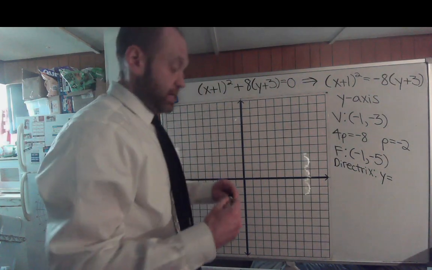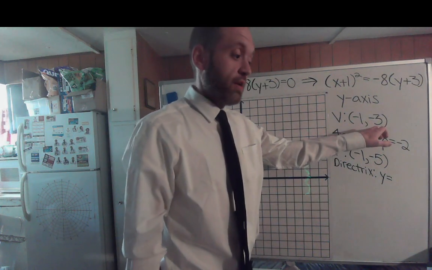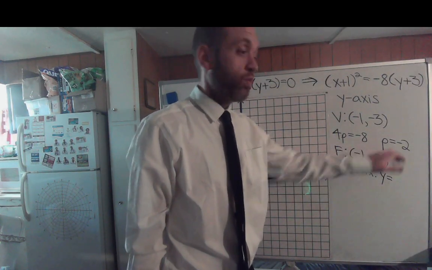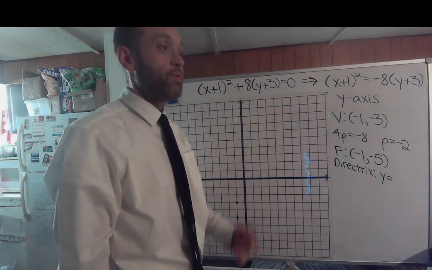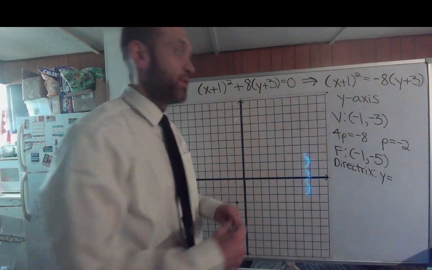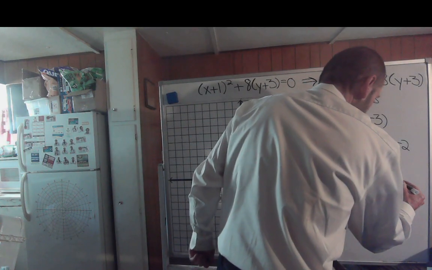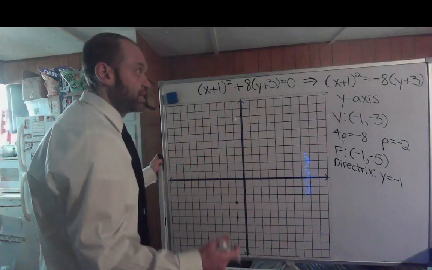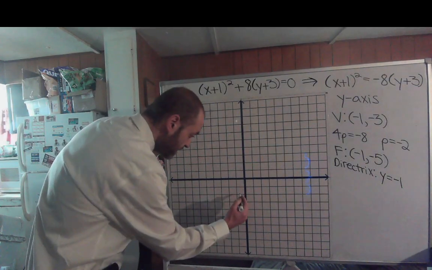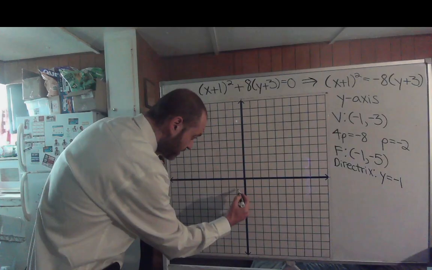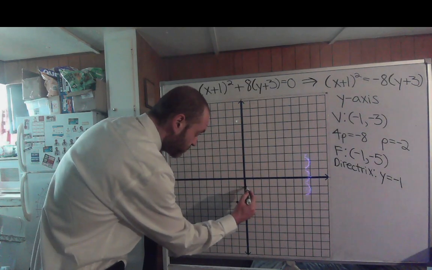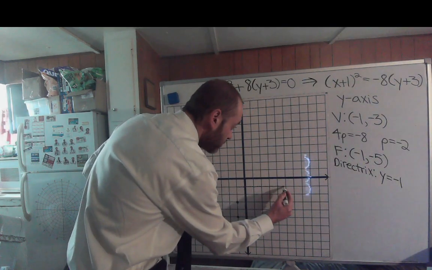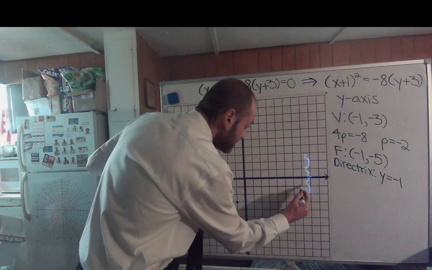So I'll take that y-coordinate of the vertex of -3, and from that I'll subtract my p-coordinate of -2, so -3 minus -2, that's -3 plus 2, or -1. So the directrix can be found at y equals -1. So here is going to be that directrix of y equals -1. It should be obvious that once again this is going to open downward.